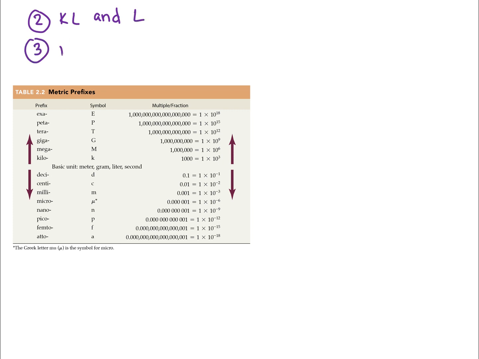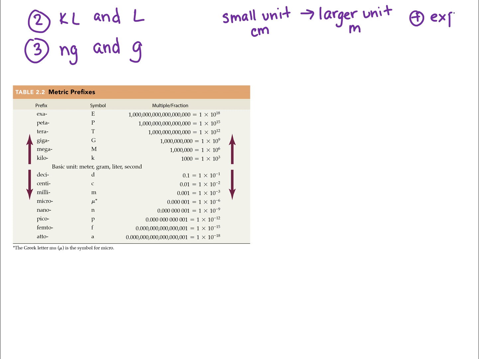And number 3, we had nanograms and grams. So remember, if you're going from a small unit to a larger unit, so the example would be centimeters to meters, then you're going to have a positive exponent.